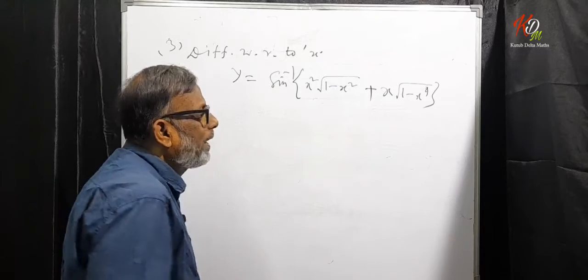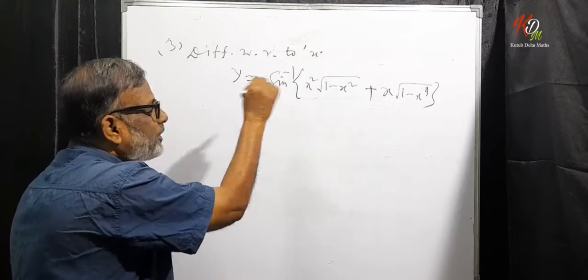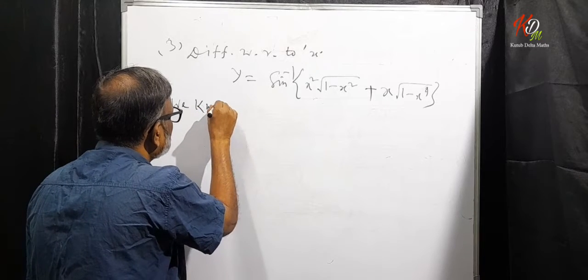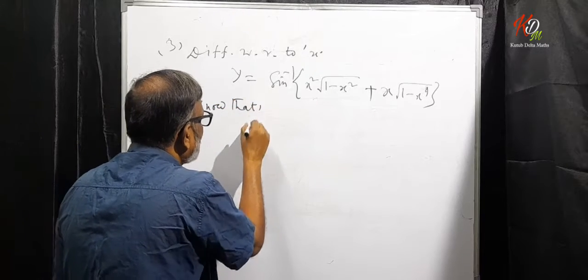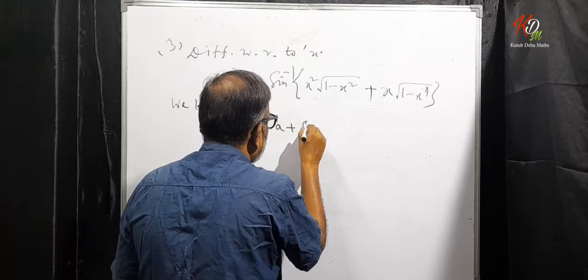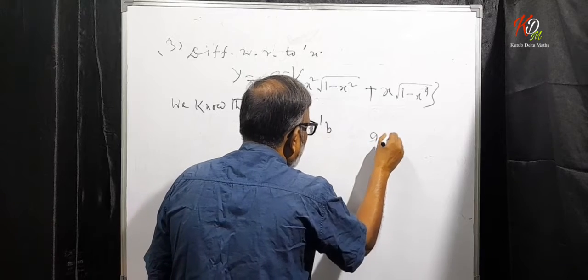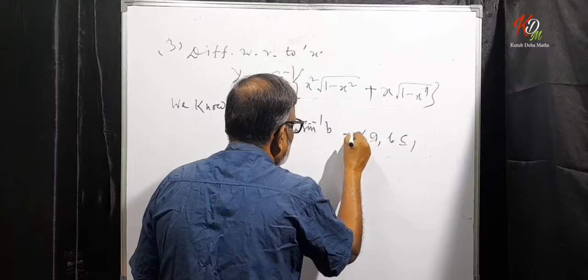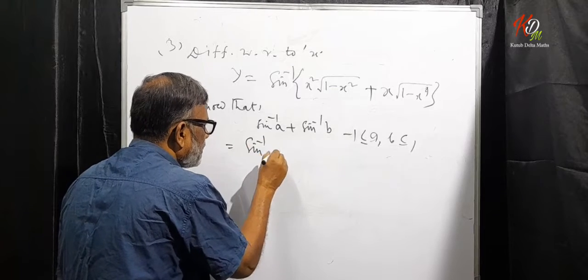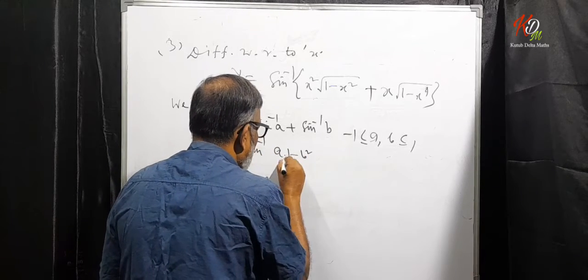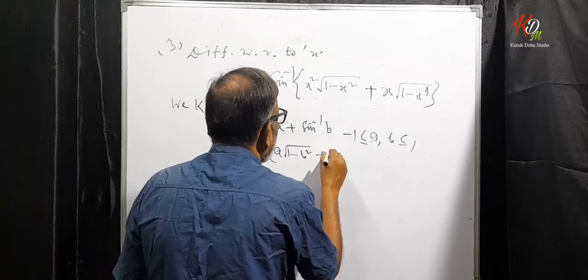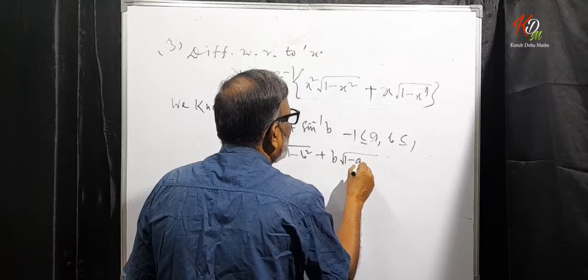Now this inverse formula, we know that sin inverse a plus sin inverse b, where a and b lie between plus 1 and minus 1, equals sin inverse of (a root under 1 minus b square plus b root under 1 minus a square).